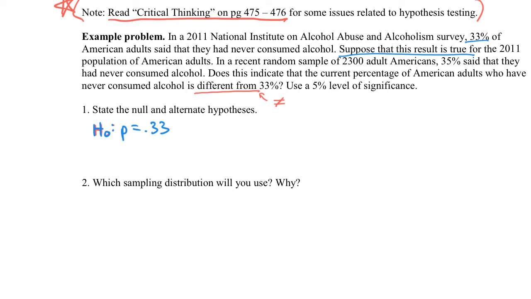So we're going to assume that's true. That's our null hypothesis. But then, based on this study, is the current percentage of American adults who have never consumed alcohol different from 33%? Different from means that our alternate hypothesis is that P is not equal to 0.33. So this is a two-tailed test.